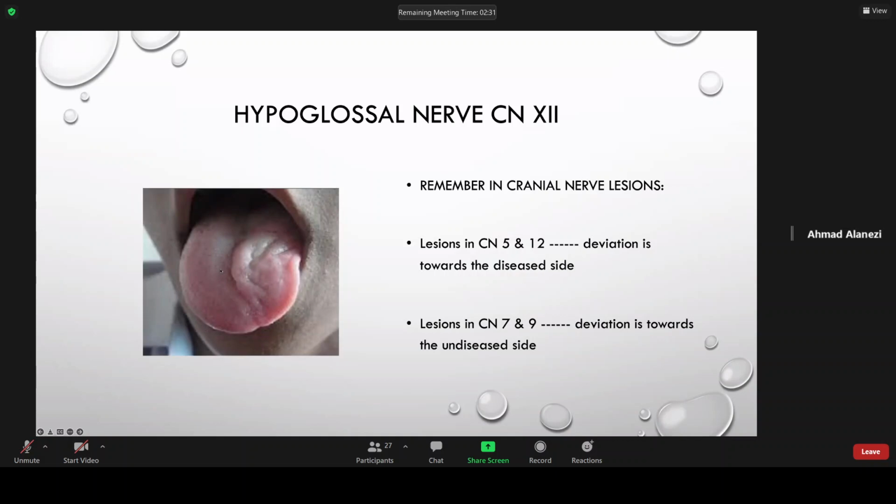It's not pushing anymore. So the dominant side, the right side, dominates and pushes toward the disease side. So this is the rule here: lesions of the 5th and 12th, deviation toward the disease side, and lesion in the 7th and 9th, deviation to the undiseased side.